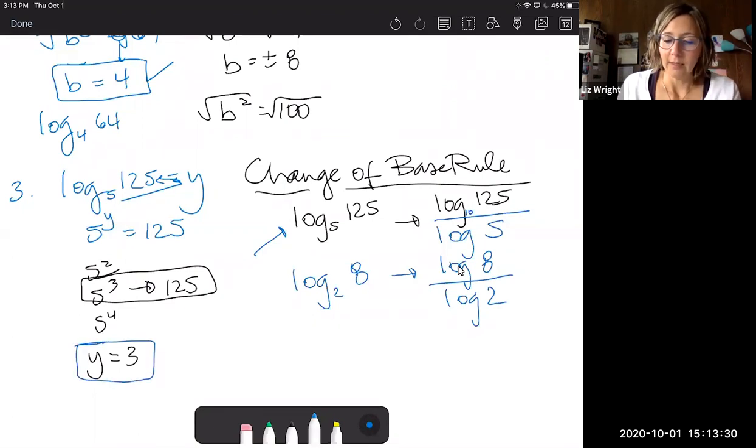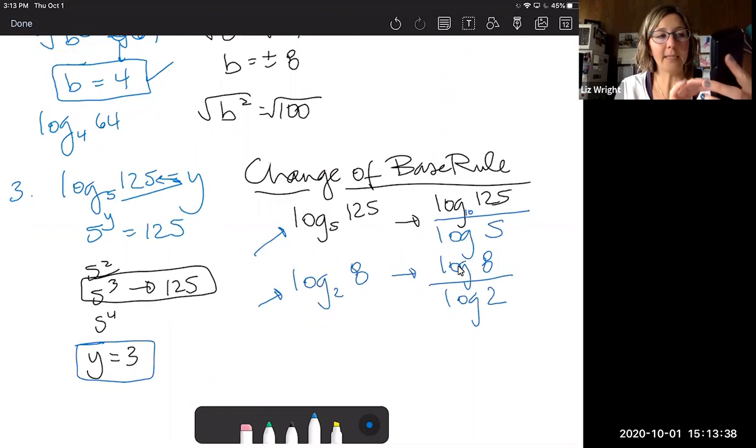Let's try this one in your calculator because we know what the answer should be. The answer should be 3. On this one, I'm going to hit 8 and then the log button, and I get 0.90308, and it keeps going. Divided by 2, log, equals, and then I get 3, the right answer.